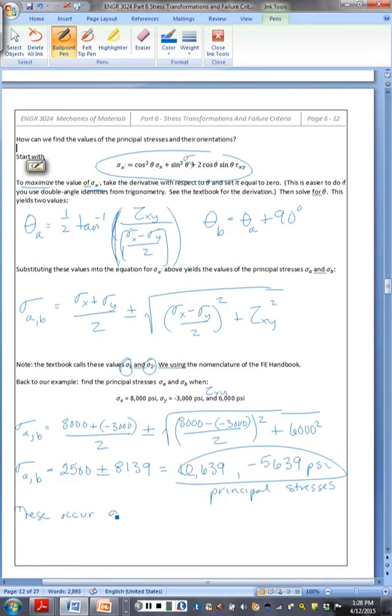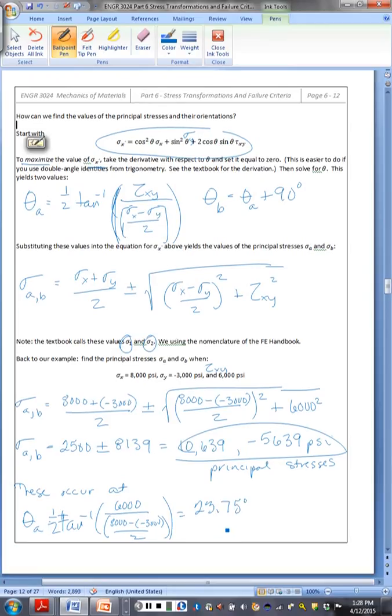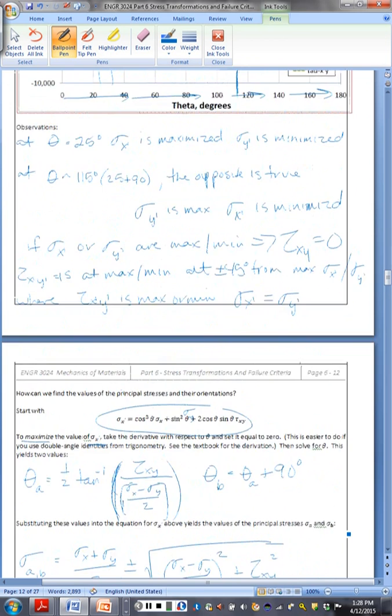These occur at theta A, which is 1/2 times the inverse tangent of the shear over this difference, and that ends up being 23.75 degrees, and the other one is 23.75 plus 90, or 113.75 degrees.